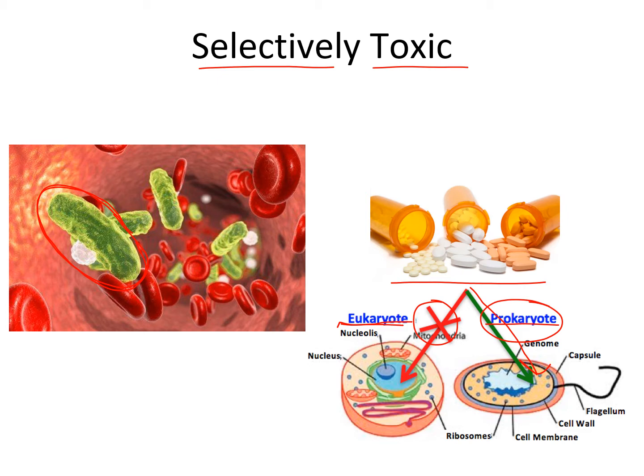So a good type of treatment would be one that would preferentially kill or inhibit the growth of the bacterial cells, the prokaryotic cells, but would have no effect on the eukaryotic cells. In order to determine what types of medications can be selectively toxic, it's very important to understand the differences in structure between eukaryotic cells and prokaryotic cells.